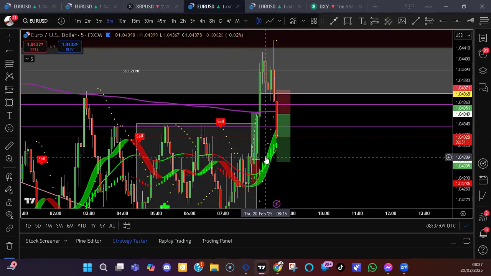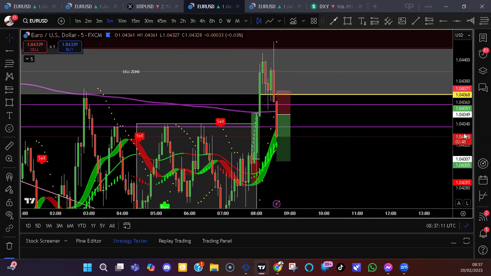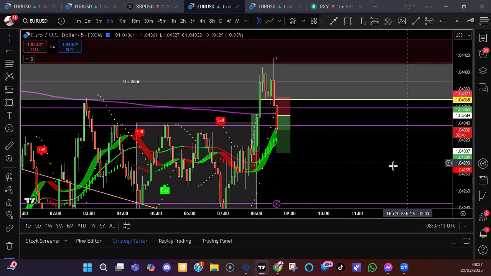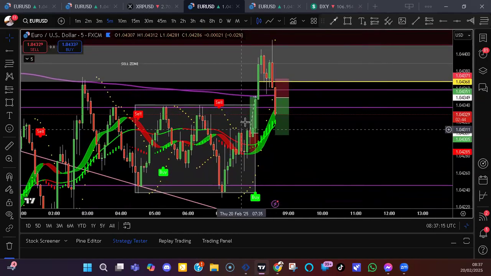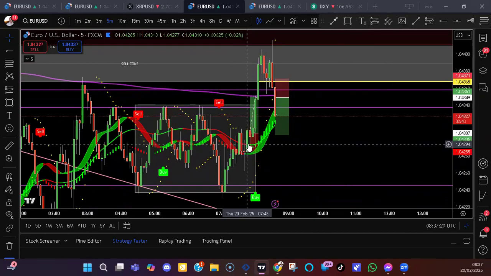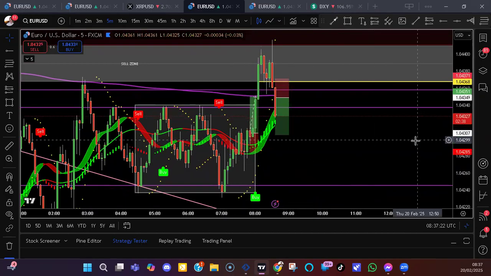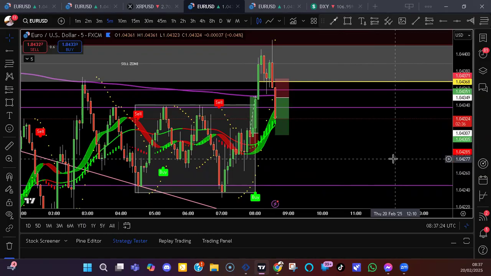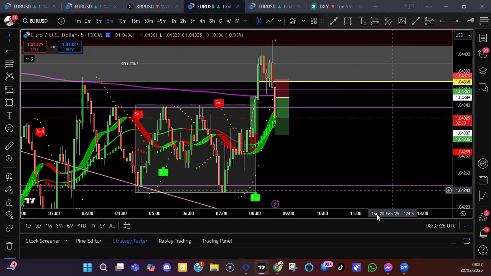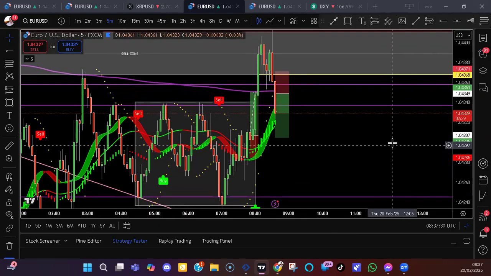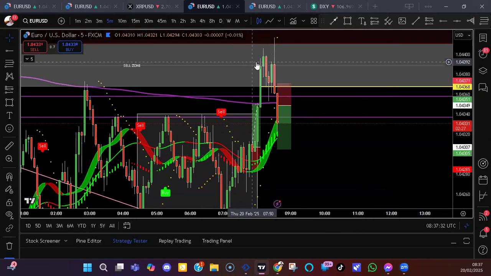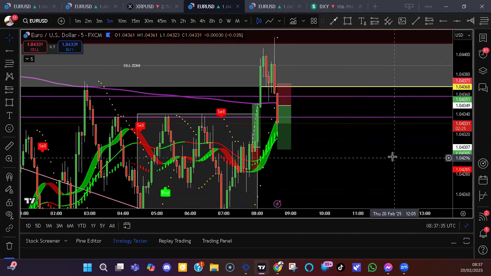So there's no other reason, not imbalance wise anyway, for price to come down there, because these are all covered by wicks and whatever. The only reason is price reacting off the strength or the weakness of the dollar, and also the strength of all the sell orders we know out there.